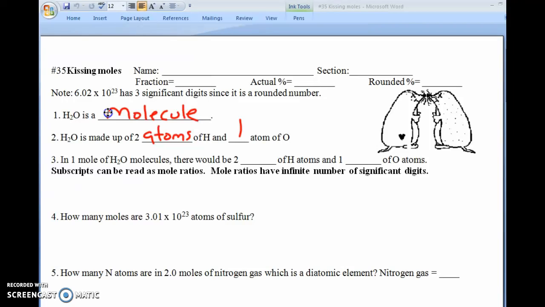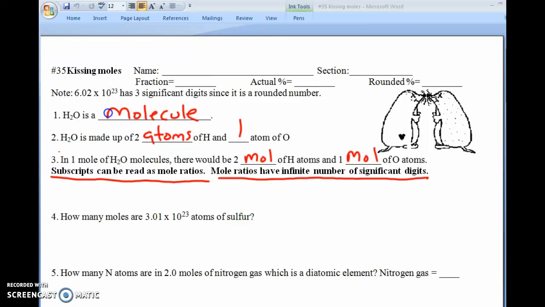And number three, in 1 mole of H2O molecules or water molecules, there'd be 2 moles of hydrogen atoms and 1 mole of oxygen atoms. In this problem, I want you to realize that subscripts can be read as mole ratios. Mole ratios have an infinite number of sig figs.